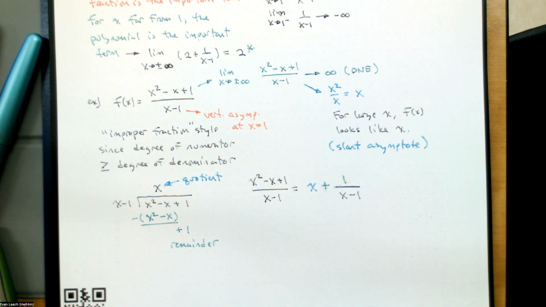Now that we see this function written in its mixed number format, we can clearly see what's going on with this function. In the long run, this function looks like x, just like we had decided before. In the short run, near 1, we have this vertical asymptote at 1.